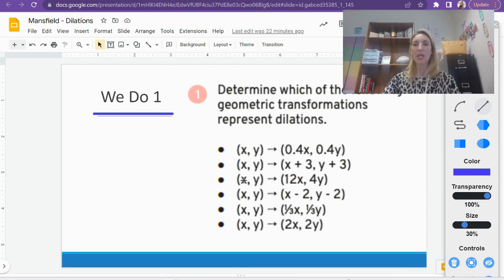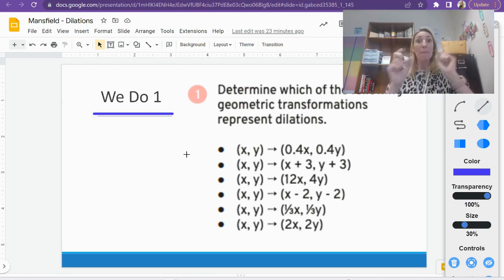Look at the first one here. So I have x, y transforming into 0.4x, 0.4y. My first question for you, is 0.4 multiplying x? Is 0.4 multiplying y? Meaning, are they multiplying? Is this a multiplication? Yes, it is. Remember when I told you just a few minutes ago, if there are no symbols between a number and a letter, that means they are multiplying. Right? So the 0.4 is multiplying the x, it is multiplying the y.